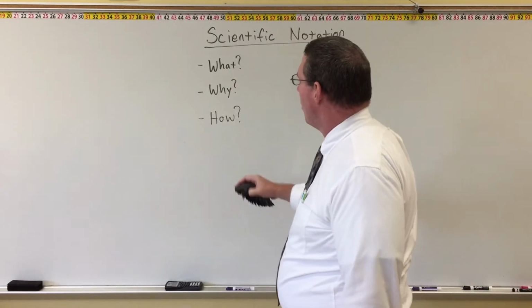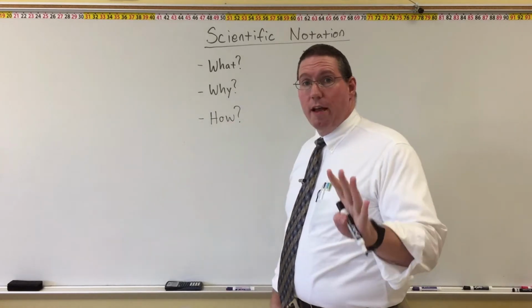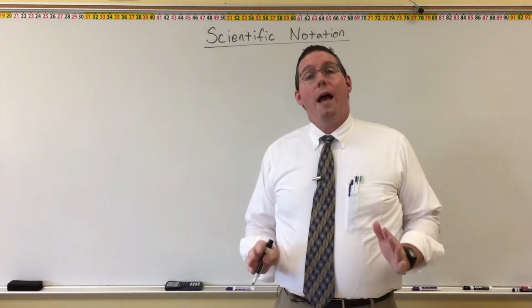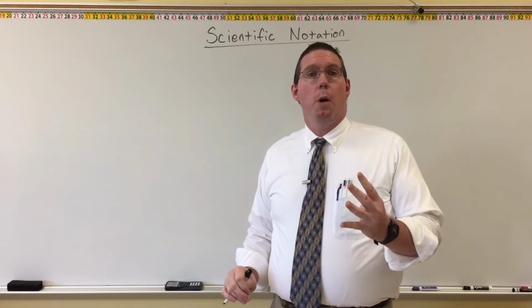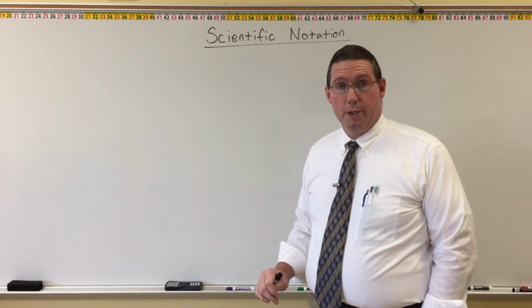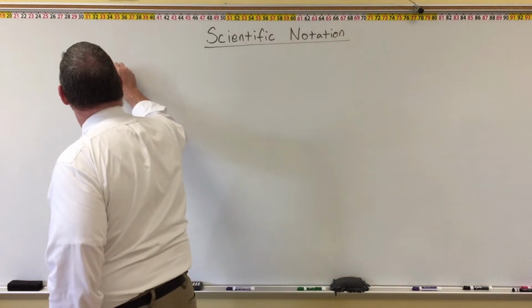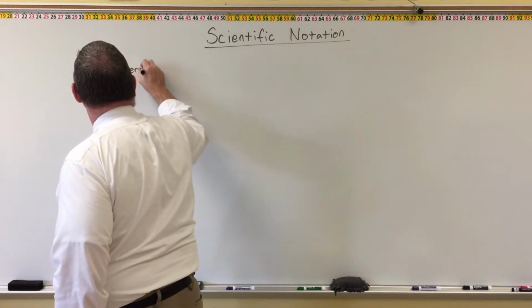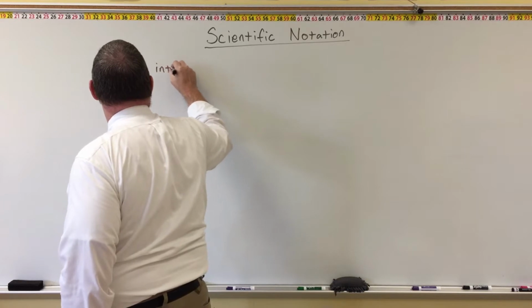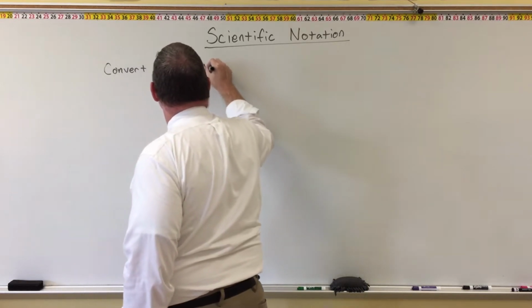So now let's focus on how we do scientific notation. I am only going to ask you 4 kinds of questions in terms of scientific notation, okay? 2 of those questions are going to be to convert into scientific notation.